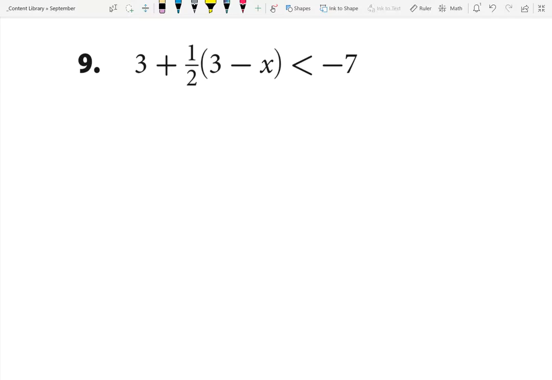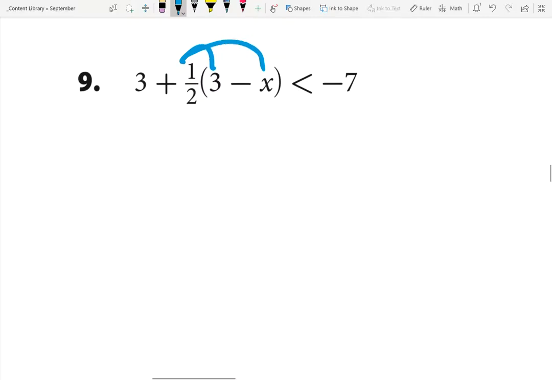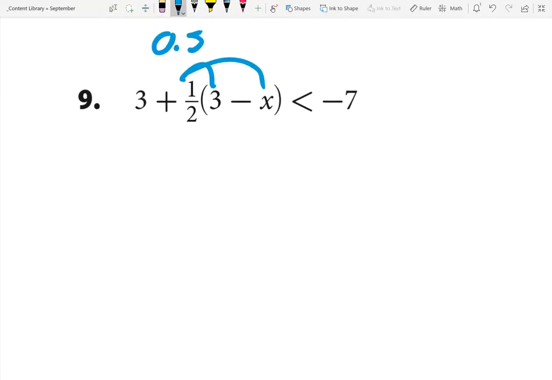So, same as the last problem, right? We cannot add these together first. What we need to do first is we need to distribute the 1/2. 1/2 times 3 and 1/2 times negative x. So if you're doing that, remember we're going to consider the 1/2 to be 0.5 for the sake of just being a little bit more simple. 0.5 times 3, or half of 3, is 1.5.